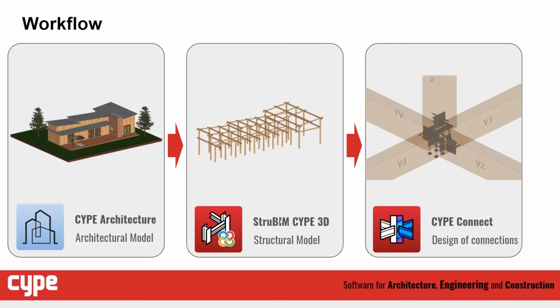The application that will be used is Strubing Cype 3D, and then, exporting the IFC file from this structural model, we'll calculate one connection for each node of this structure, one specific connection for each node, considering the loads that were applied on this structure. In some cases, even adopting the information that can come from the architectural model. Okay, so this is our workflow during this section.